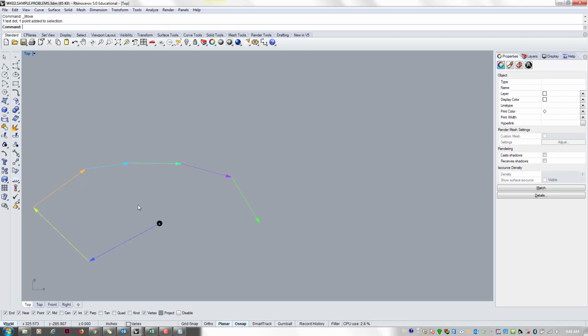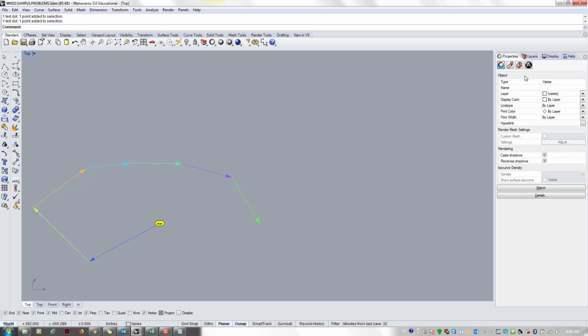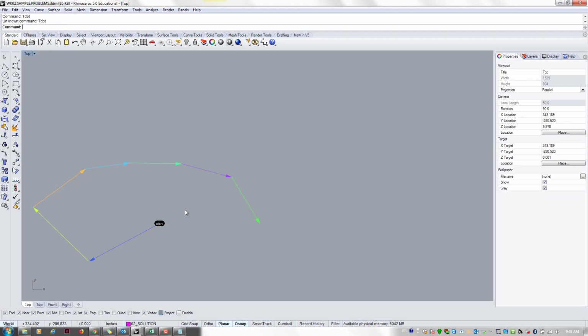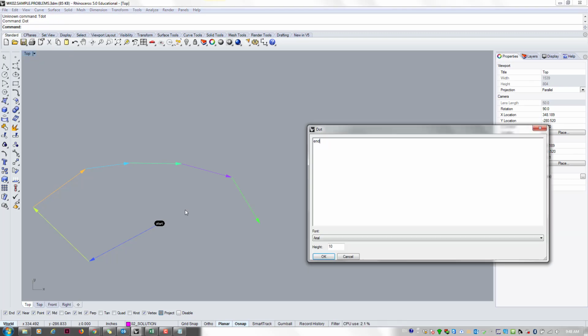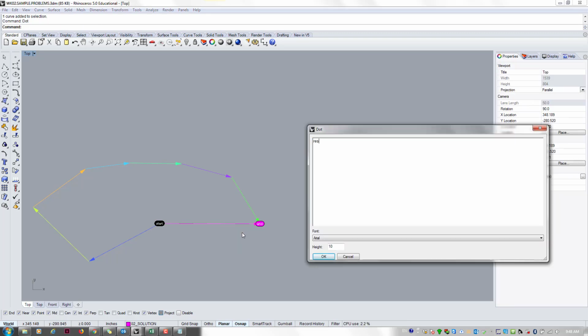It started at this point, let's call this the start point, and ended at that point. Therefore, the resultant vector is going to go from the start point to the end point, right? So that's our resultant vector.